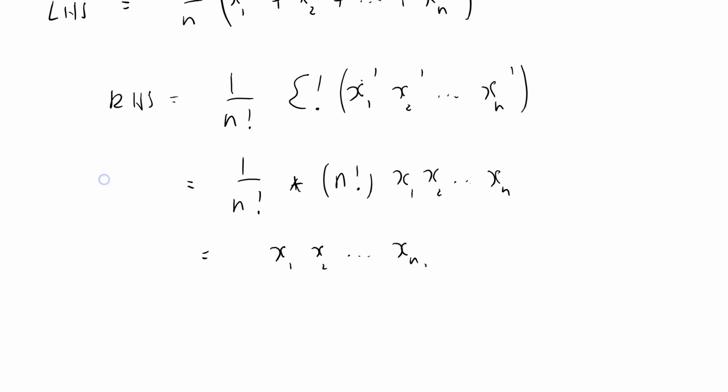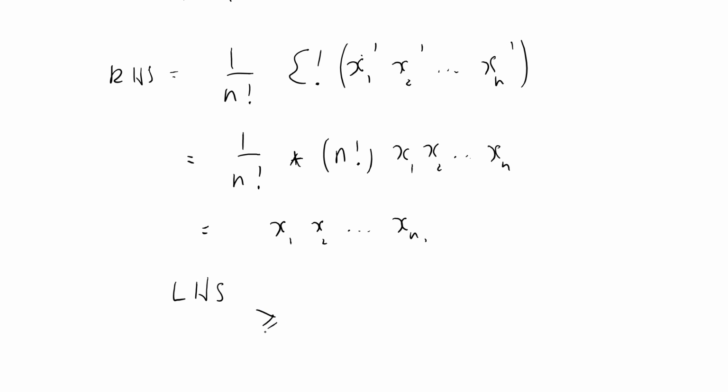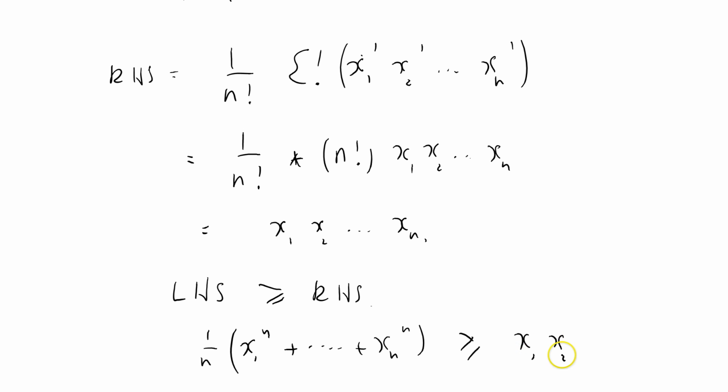We know that the left hand side is greater than or equal to the right hand side. So it's 1 over n, x1 to the n plus dot dot dot plus xn to the power n, in brackets, greater than or equal to x1, x2, xn. That familiar?